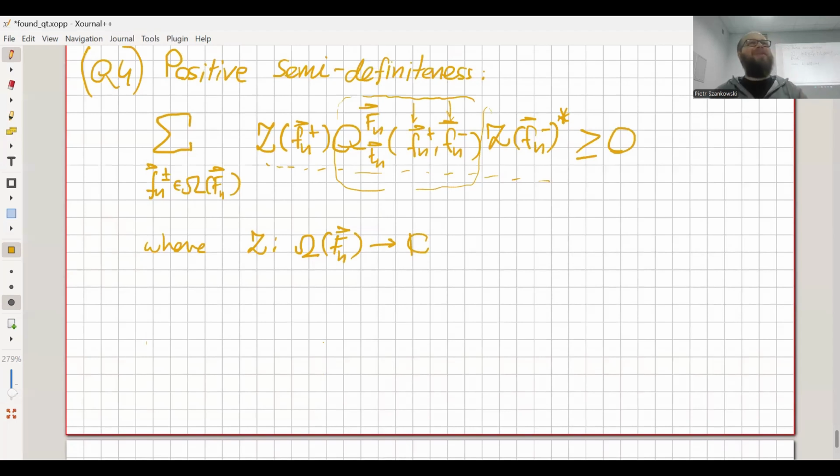It's also Hermitian, so its eigenvalues are non-negative, if you want to say it differently. So positive semi-definiteness you can view as a generalization of positivity of probability distributions.